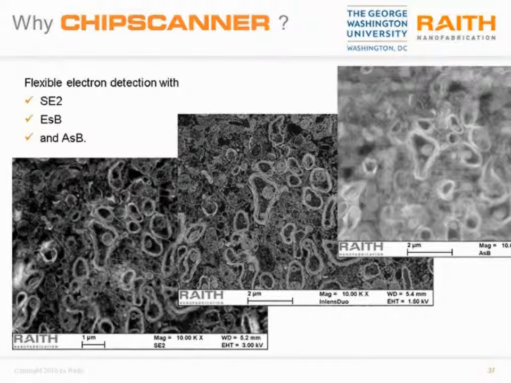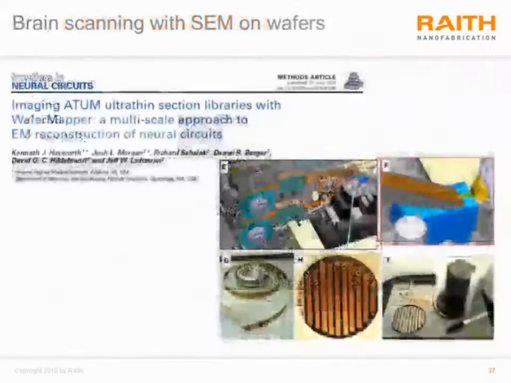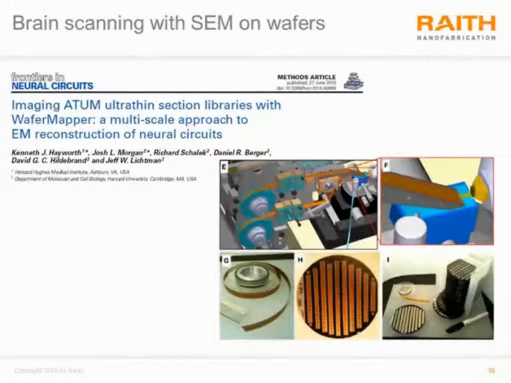This is a secondary electron image that shows topographic information. Here's the energy selective backscatter in-lens detector that was used to show a very high resolution but slightly noisier image. And finally, here's the post-lens angular selective backscatter detector as well. So a variety of imaging conditions is possible.